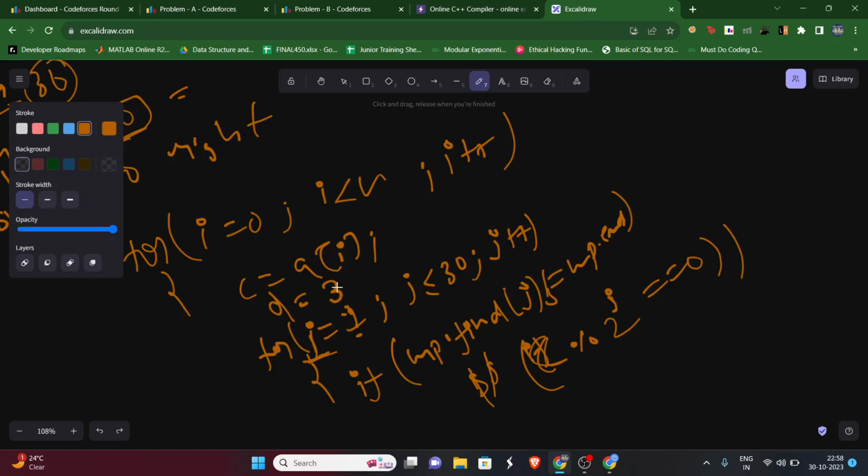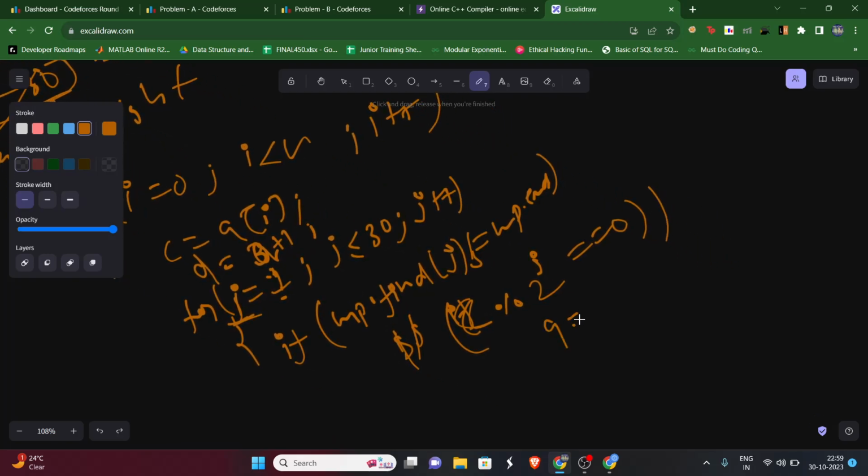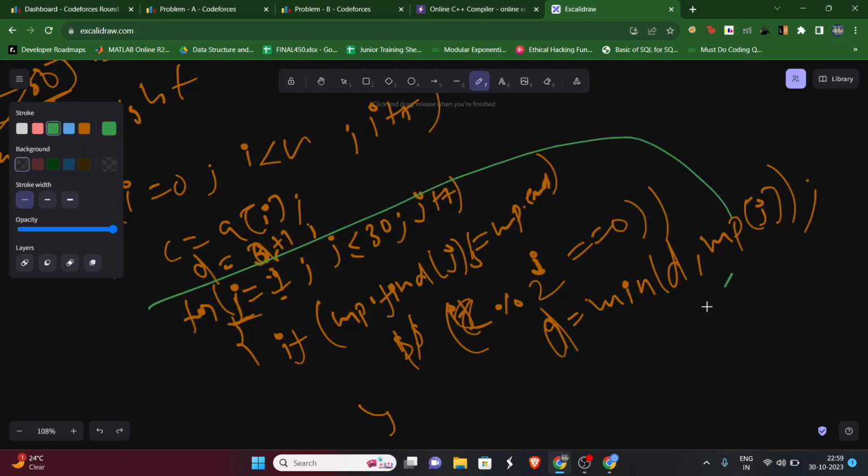Let's say it was at the end, that is q, because the size of x was q. So let's say q plus 1, then we can simply minimize it. d is equal to minimum of d comma whatever value we have right over here, that is mp of j. So with the help of this second loop we can have the first divisor of this c.